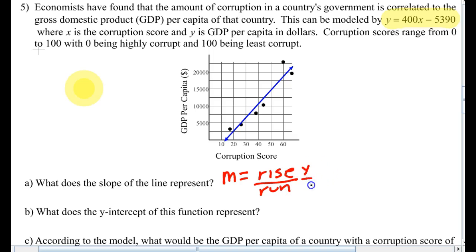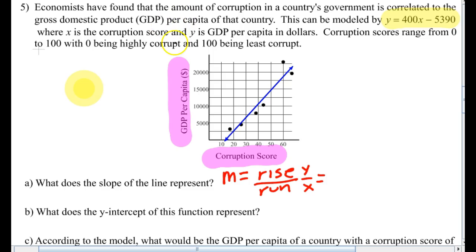Which means it's y's over x's. So what you want to do is look at the units of the y over the units of the x. Like if it was miles over here and hours down here, the units would be miles over hours, like miles per hour. That's what the slope would mean. It's how fast you're going, miles per hour.